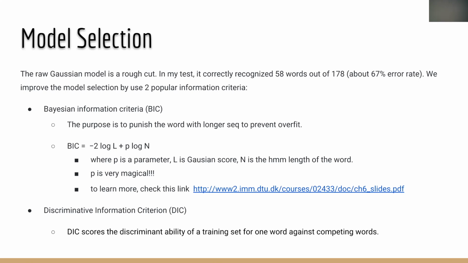Then I compare my score with the average score and see the differences. The one that gets the largest difference, I say, oh yeah, that's a good model to see my word better. But you can have a different way to determine this distance, and it is discriminating against the others. That's why it's called the discriminative information criteria.